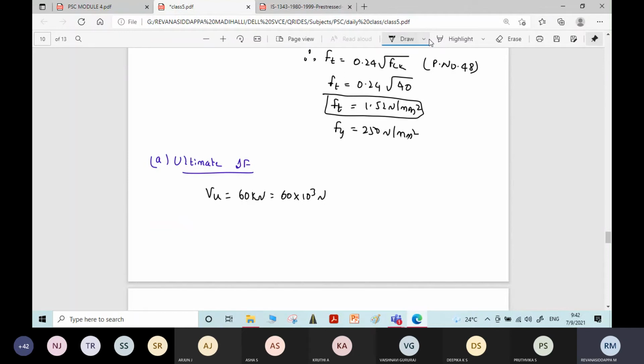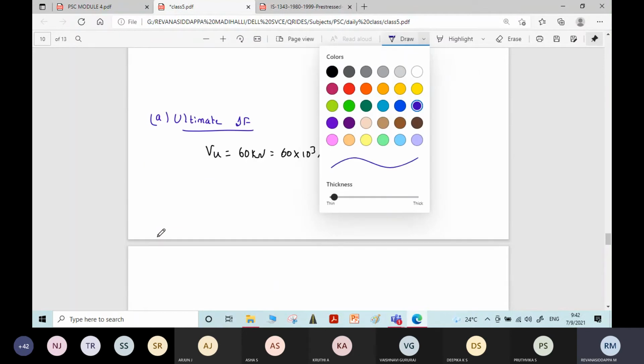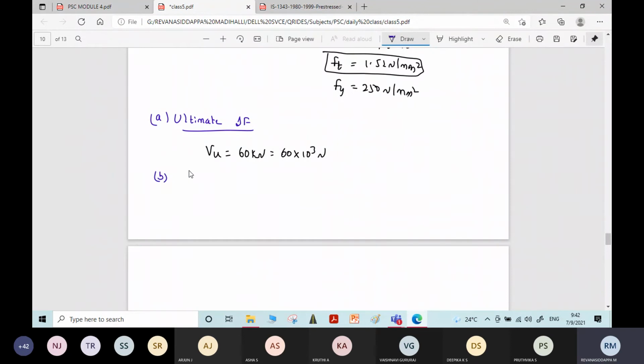Okay. What is step B? To find the internal shear resistance. B, internal shear resistance.